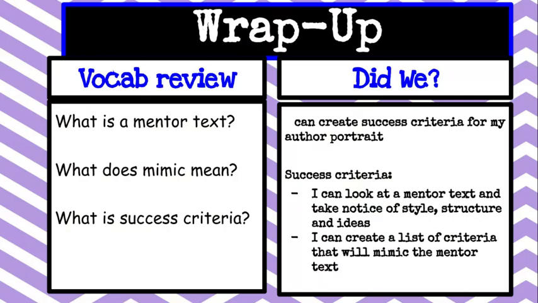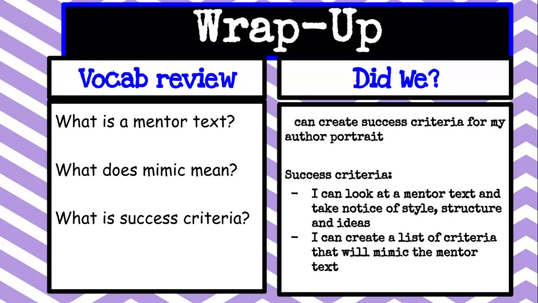Okay, so today, let's review. What is a mentor text? What does mimic mean? And what is success criteria? So let's go back to the first one. A mentor text is a text that you look at to create your own. You look at the style, the structure, the ideas, and you use it as your guide to make your own writing.